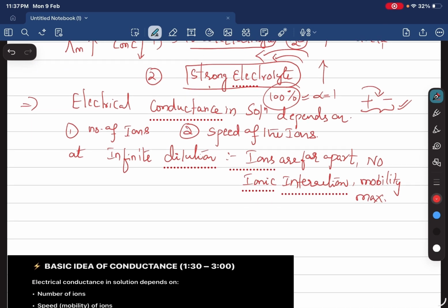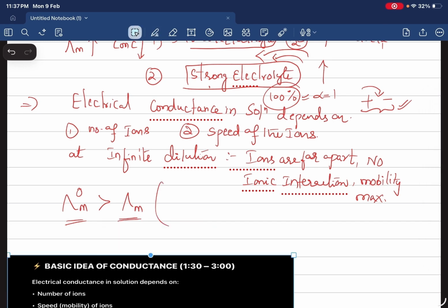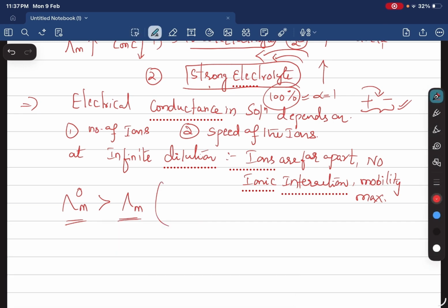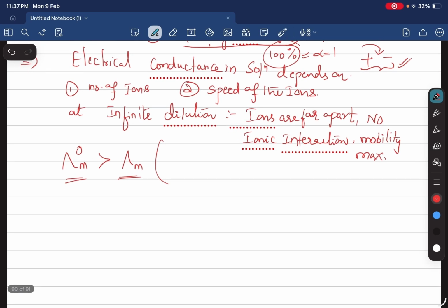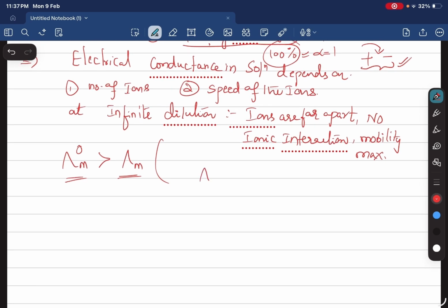So if you compare the limiting molar conductivity and lambda m, the lambda naught m value is always greater than the lambda m value, even for a strong electrolyte. And lambda m is going to rise when concentration decreases.